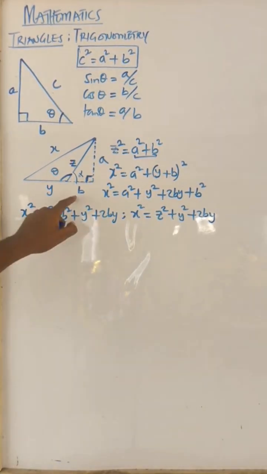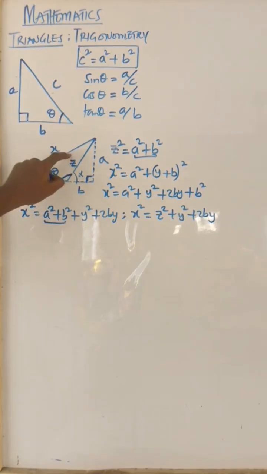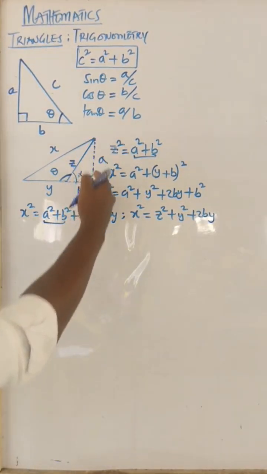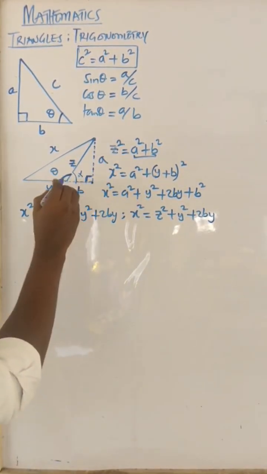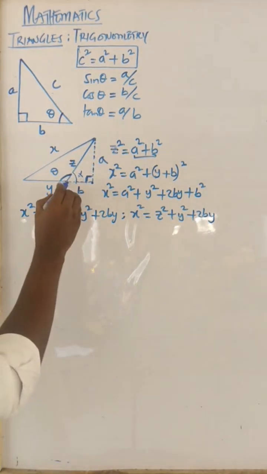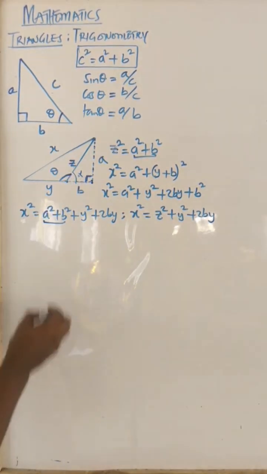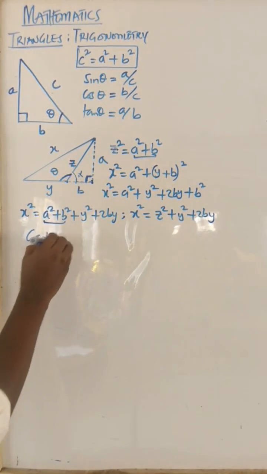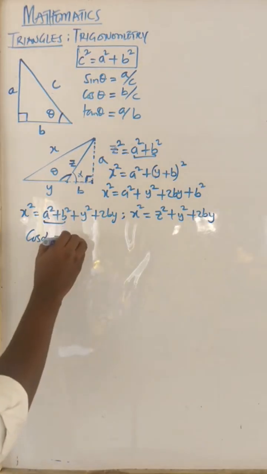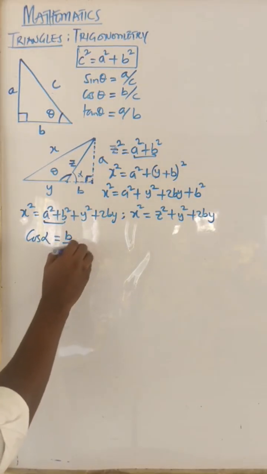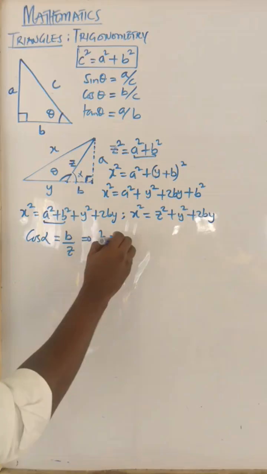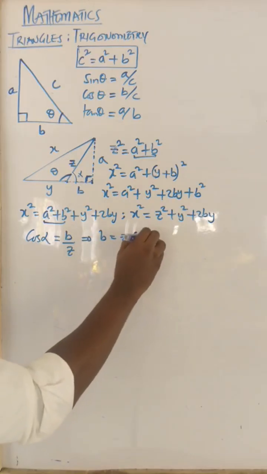Our aim is to replace B with Z. This is the opposite, this is the adjacent, this is the hypotenuse. Adjacent over hypotenuse is cos, so cos alpha equals B over Z. From here, B equals Z cos alpha.